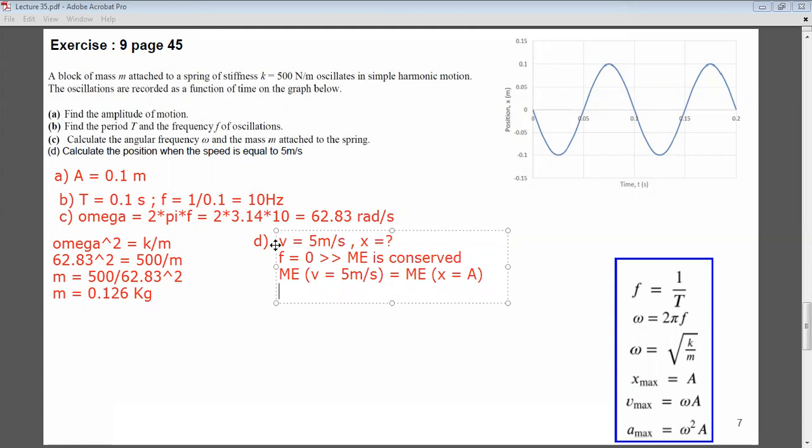Mechanical energy at v equal 5 meters per second is kinetic energy plus EPE at that point, and this is equal to EPE at x equal A.